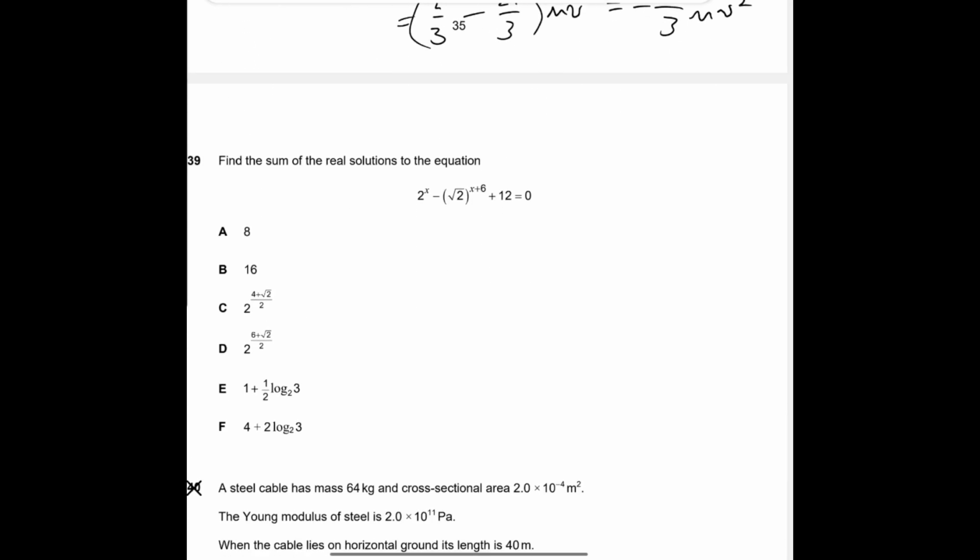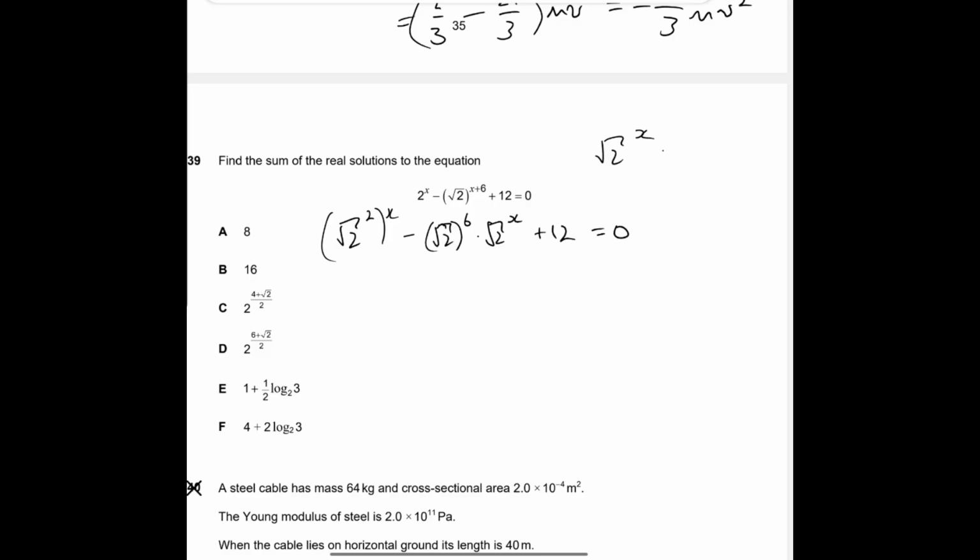Okay, I think I spotted it, a quadratic in root 2 to the x. So this is going to be root 2 to the x, all squared, minus root 2 to the power of 6 times root 2 to the power of x, plus 12 equals 0.